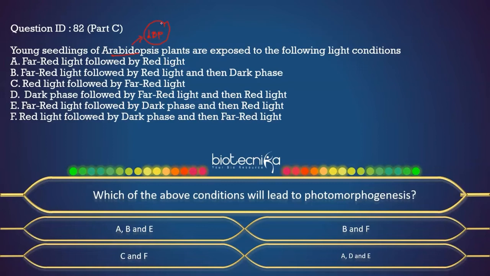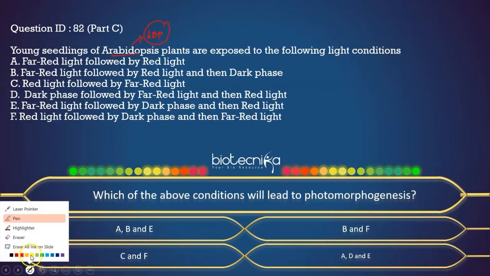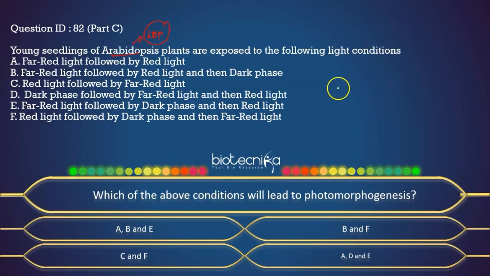If we have to talk about this in detail, we know that there are etiolated seeds and there are light exposed seeds. To make it simple, I'll explain the concept and then the answer exactly. Take an Arabidopsis long day plant, and one seed is kept in a dark situation and one in a light situation.